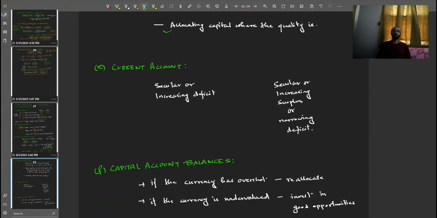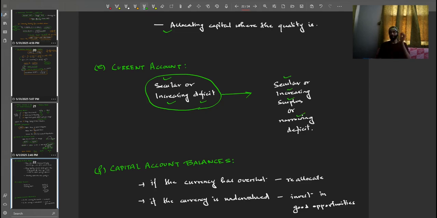The next point is understanding the current accounts. There are nations, currencies or countries where there is a sustained deficit. What is to be done in this respect is that capital should be reallocated from those currencies which are experiencing a secular or increasing deficit towards other currencies which are experiencing a secular or increasing surplus or a narrowing deficit.